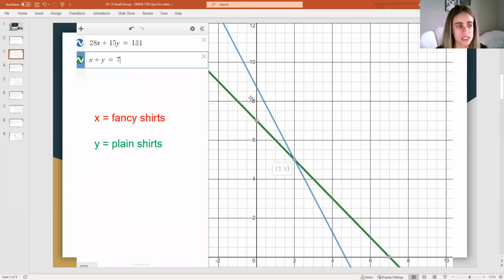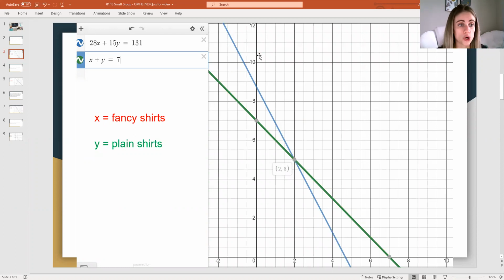Now in order to graph this, I did need to change my variables to X and Y. So I used X for the fancy shirts, Y for the plain shirts. And when they're graphed, I see they cross right here at this point, 2, 5. Remember that the point at which the lines cross is our solution.